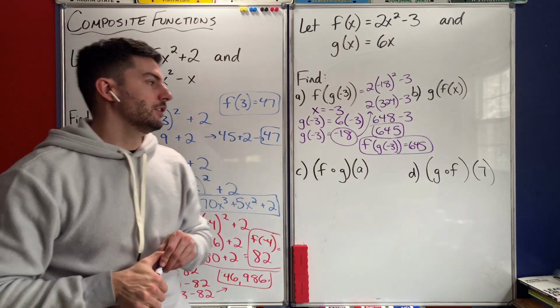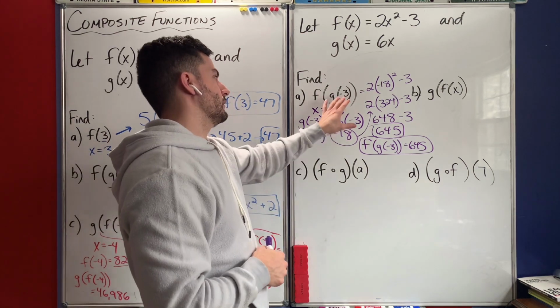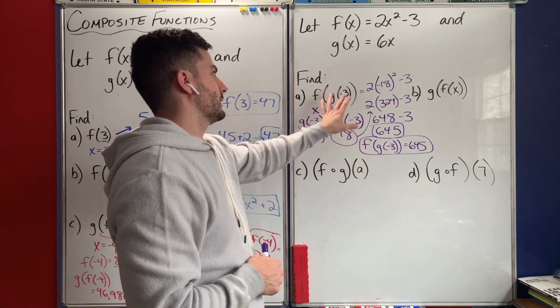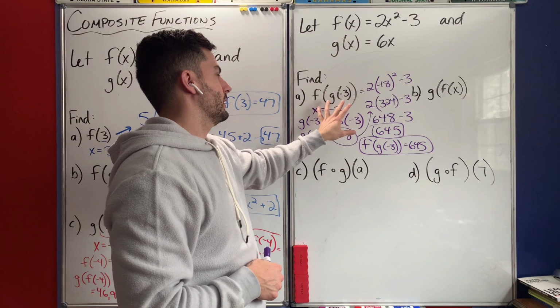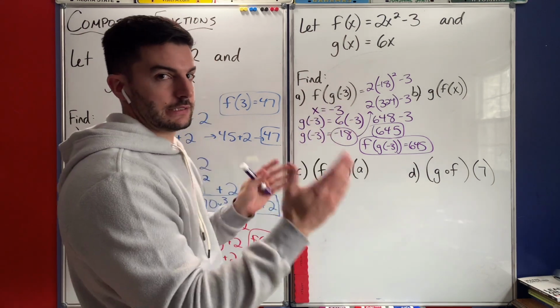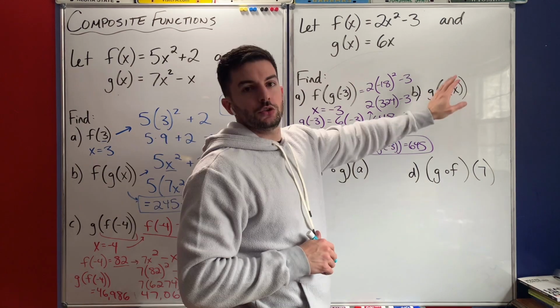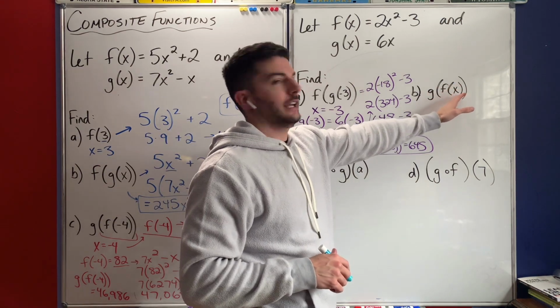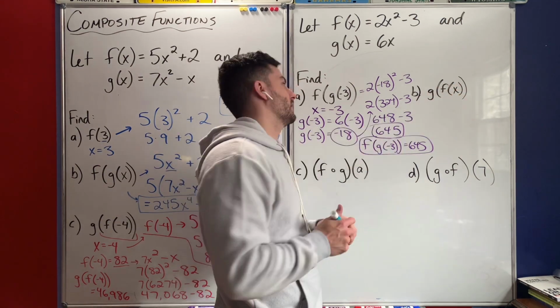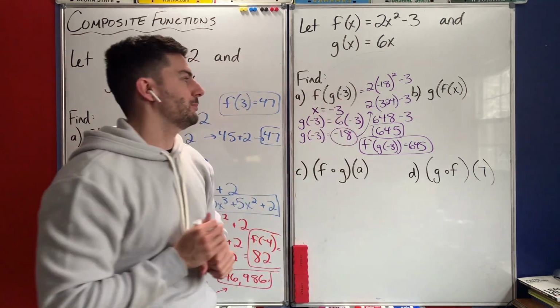So again, that's just a little bit of a quicker example here. Take negative 3, plug it in for x in the g equation, then take that answer, plug it in for f, inside out. Letter B, g of f of x. So again, here we observe first, is x replaced with a number? No, so we're going to skip that step 1 here.